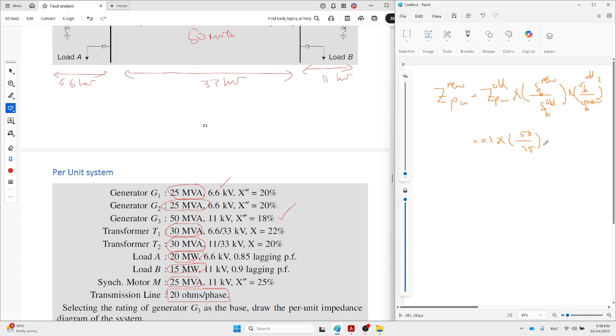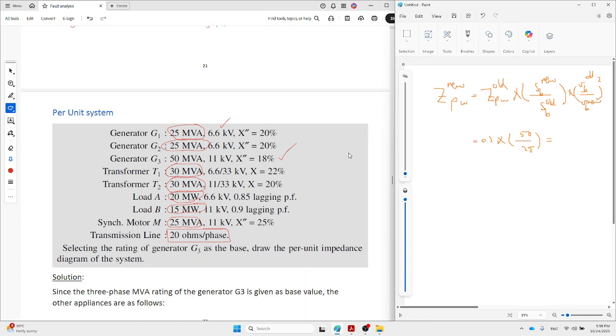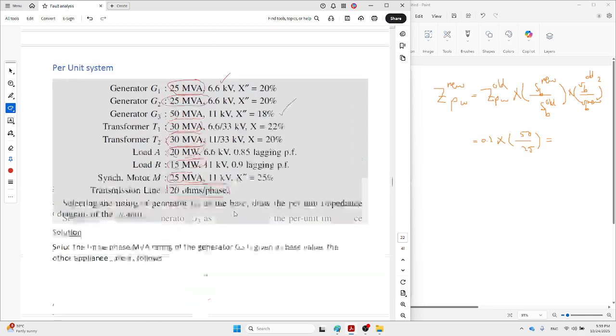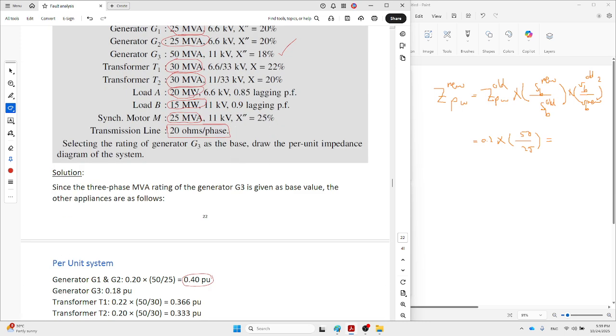So easily you can see it's two times, so 0.4 is the final answer. For generator 2, exactly the same. Generator 3 is the base system. For transformer number 1, 50 is there, on the base of 25, we have 30.